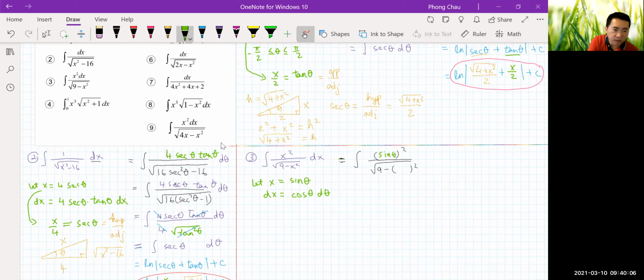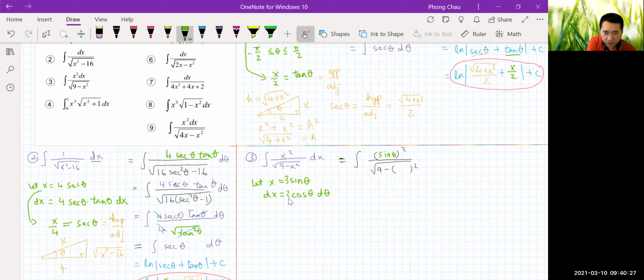Actually, my bad. We let x be 3 sine. The problem you see is, I didn't follow it carefully. If you have 9 minus sine squared, we don't have the identities to use. That is why we need to modify with an a, in this case 3.